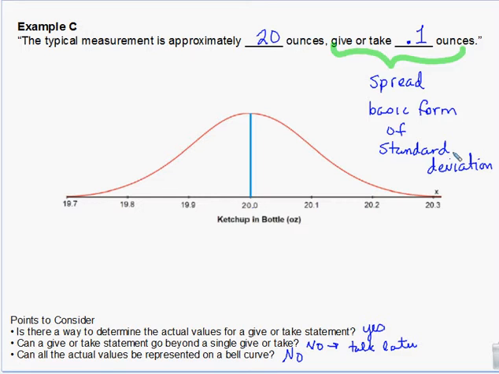And so by saying, the average person is, let's say, 5.5 feet, give or take 6 inches, that's probably pretty close. Most people probably fall between 5 feet and 6 feet. Obviously, you have people that are less than 5 feet and people that are more than 6 feet. But I would say the majority of the population is between 5 and 6 feet. So you'd say the average height is 5.5 feet, give or take 6 inches. And that give or take is the most basic way you can discuss standard deviation. Okay?